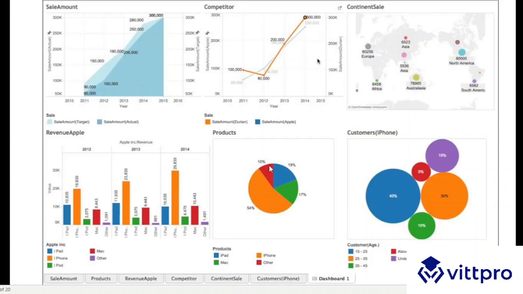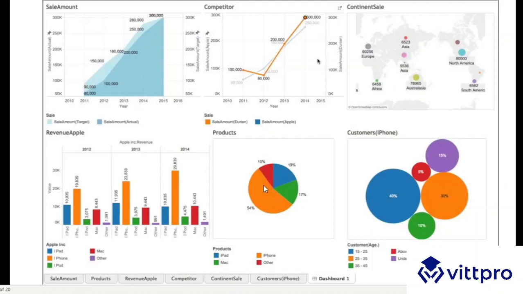And you have a pie chart, which we did not discuss earlier. The pie chart is just to give you a breakdown of how much share certain products have in an overall scenario. You cannot use a pie chart for comparison.